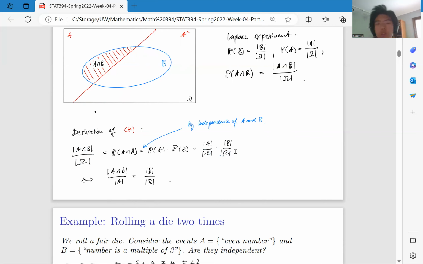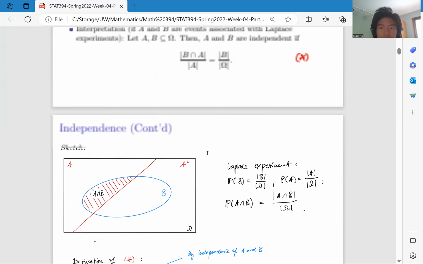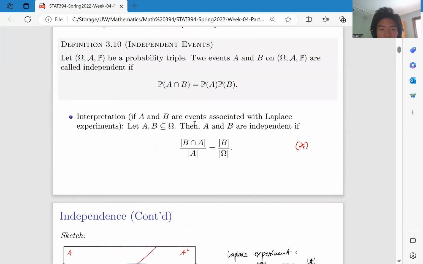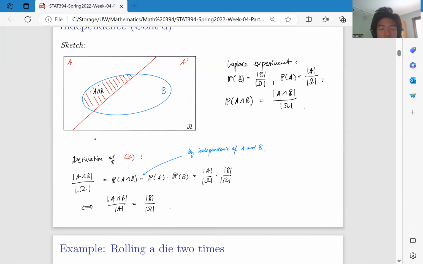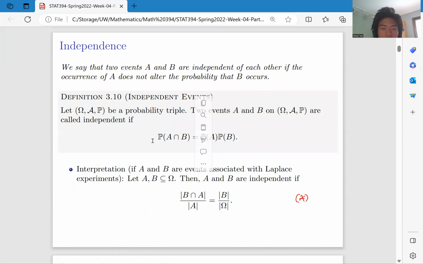And tracking back to the definition of the Laplace experiment, P(B) is equal to this term, P(A) is equal to this term, and P(A intersection B) is equal to this term. Because these two terms are equal from this formula, we proved this one, exactly the same as the formula above.